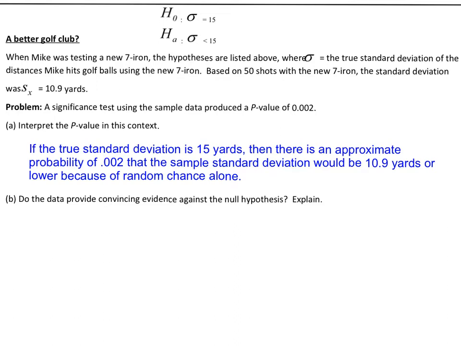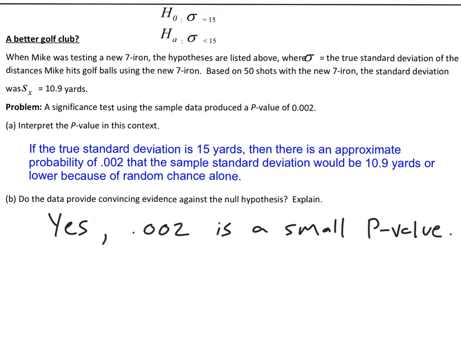Okay? So do we have convincing evidence? I would say, yeah, 0.002. That's a really small p-value, so we will reject H0, right? The hypotheses are still up at the top.